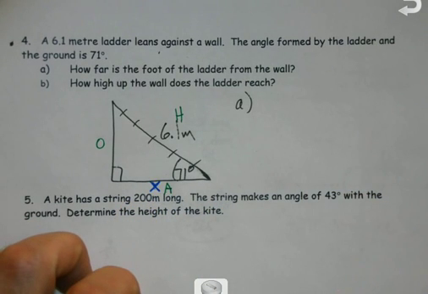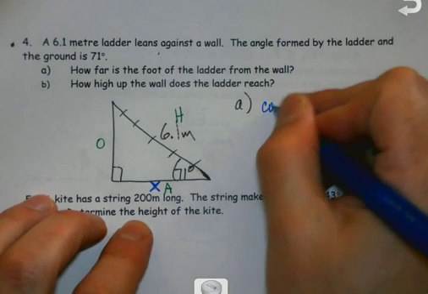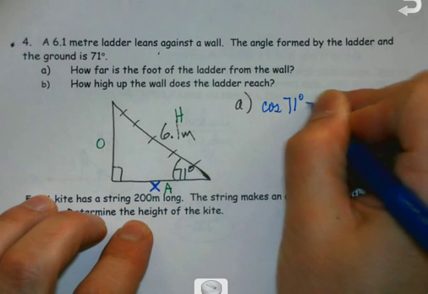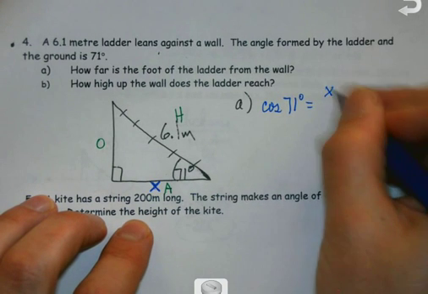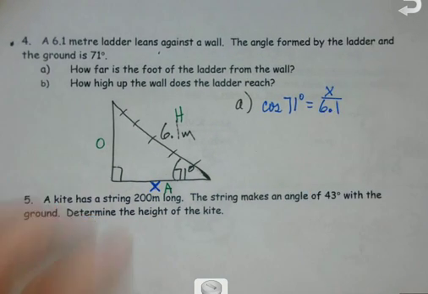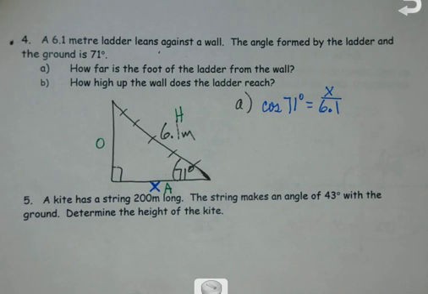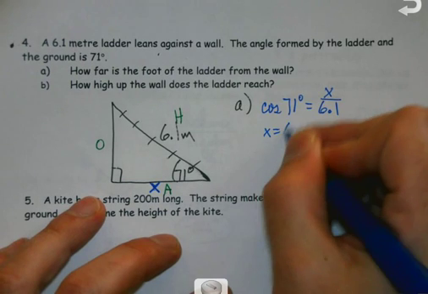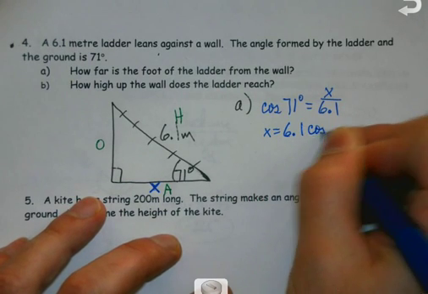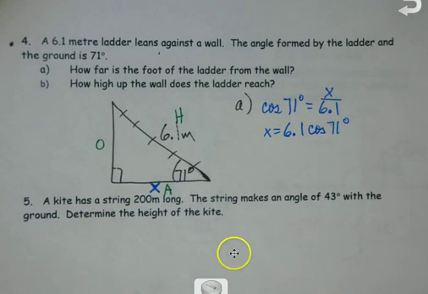Which trig function is that? Cosine. So cosine of 71 is adjacent over hypotenuse. So again, if the x is on top, we multiply by the trig function. If it's on the bottom, we divide. So this is going to be 6.1 times the cosine of 71.